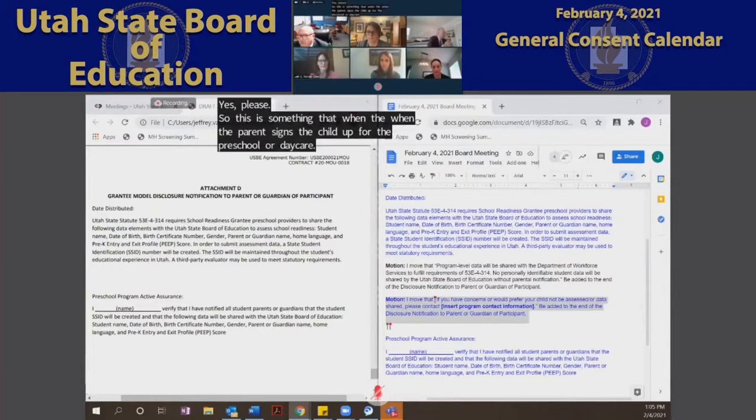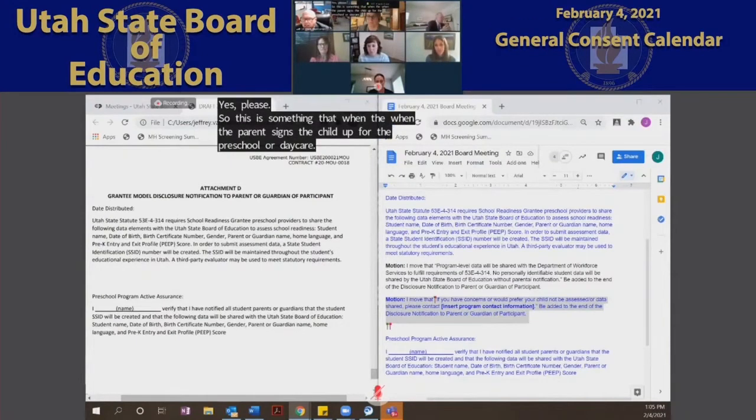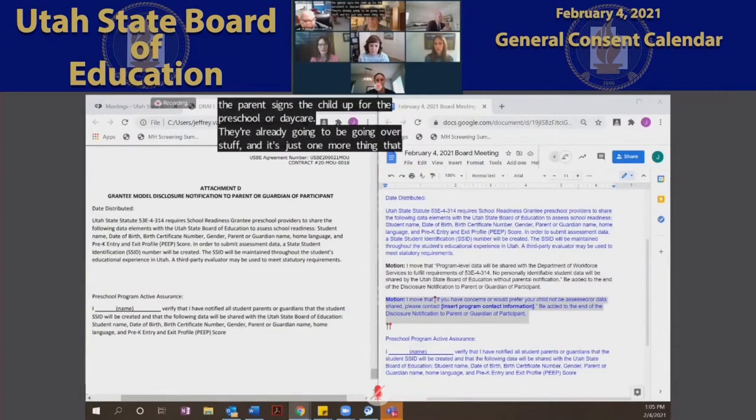Let me follow up to that, please, Chair. So if the parent is just handing something in, you're assuming that there's going to be a person the parent is always going to be providing this to, that would be the right person to ask this information?